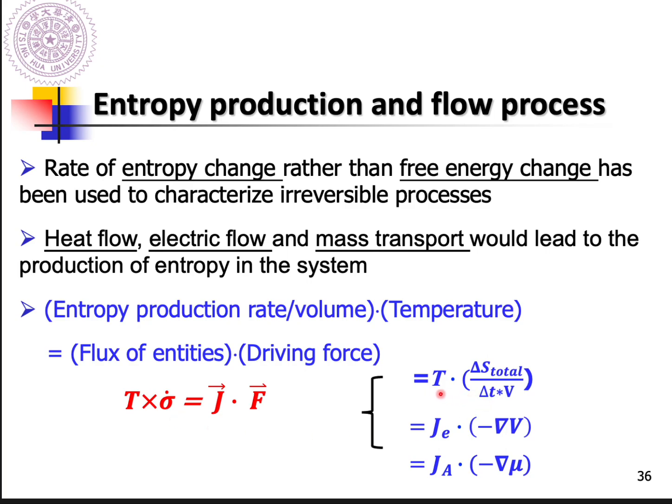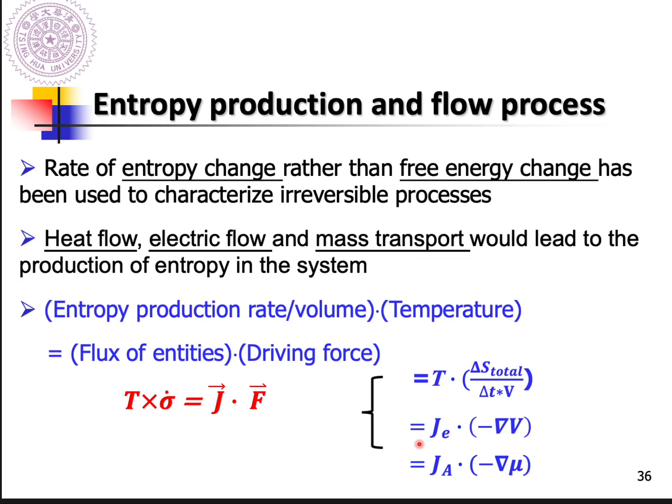For heat flow cases, if you can directly calculate the total entropy change, then you can just divide by the time period and the total volume during your observation time. Then you can get the entropy production rate for the heat flow process.